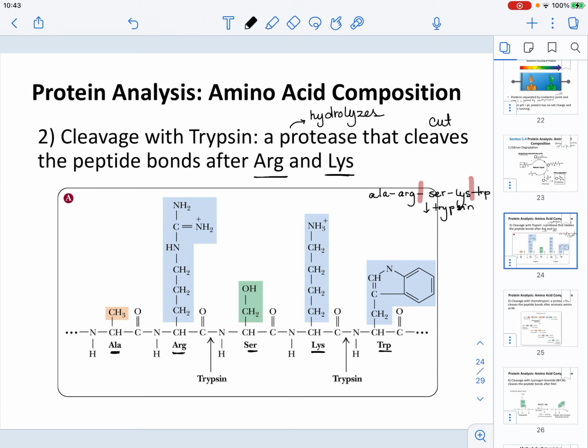So if we had this pentapeptide, because it has 5 amino acids, be cut by trypsin, we will have a little peptide that is alanine and arginine. We will have another little peptide that is serine and lysine, and then we will have by itself tryptophan. So we're only creating 2 peptides and then a single amino acid.